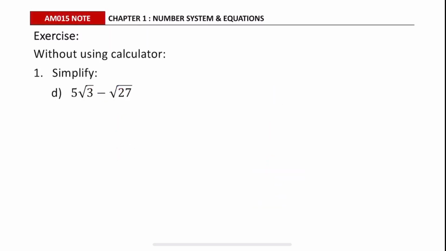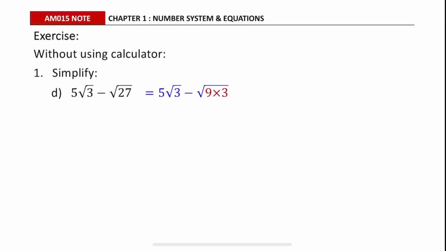In this question, we want to simplify 5 square root of 3 minus square root of 27. There are 2 surds here, which are square root of 3 and square root of 27. Square root of 3 is already in its simplest form, so we only have to simplify square root of 27, where we can write 27 as multiplication of 9 and 3.